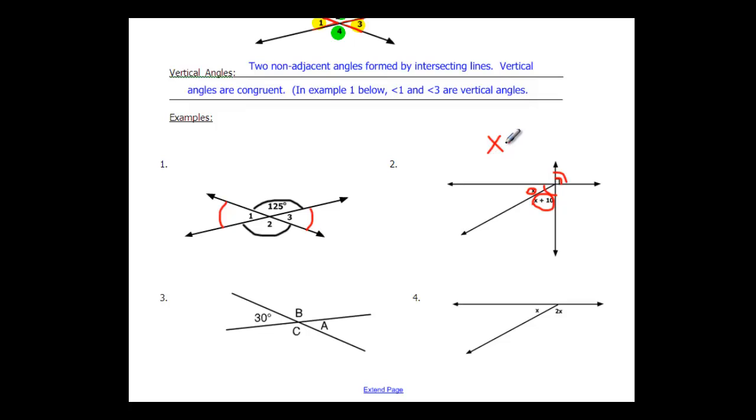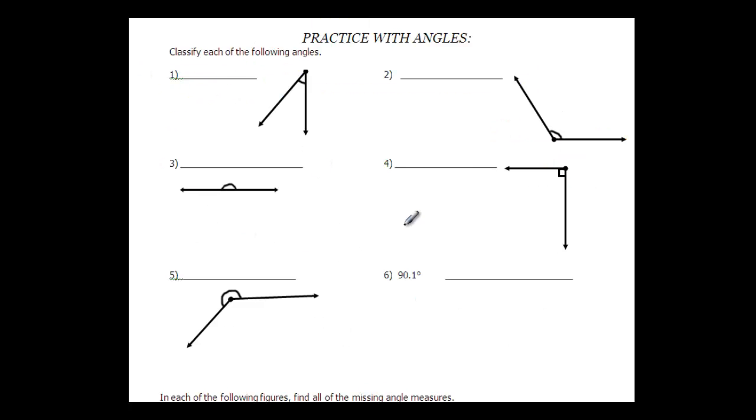So you can set up an equation setting x plus 10 equal to 90 degrees. And you can solve that to get x, and then you will know the missing angle measures. Make sense? So this is the kind of work you should be doing, and you should be able to do all those problems, and then continue on practicing.